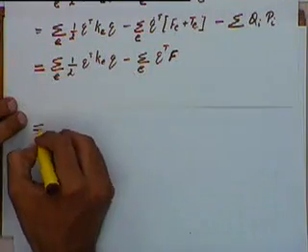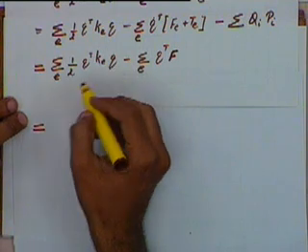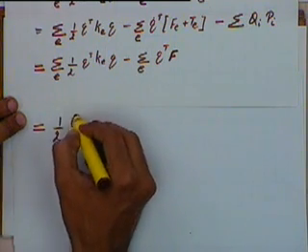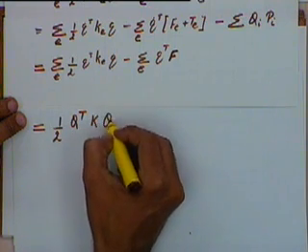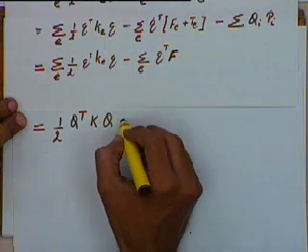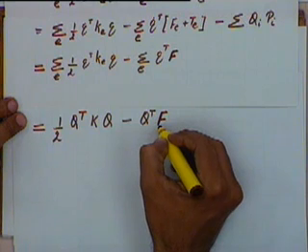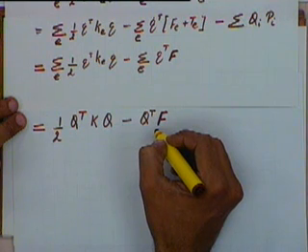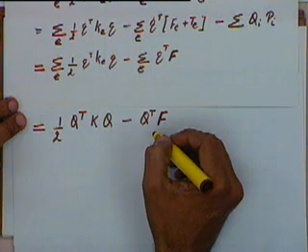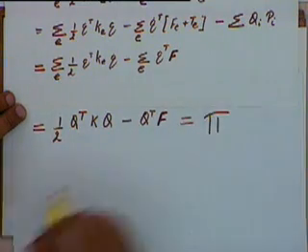This summation of these matrix multiplications, we replace them by global matrices which will be of the type Q transpose K Q, minus Q transpose F, where this F is a global force vector. So this is again the expression for the total potential energy in the system.